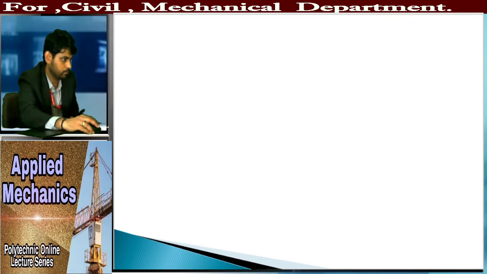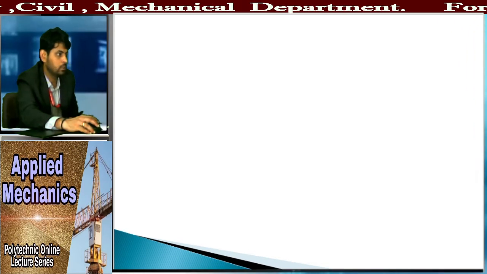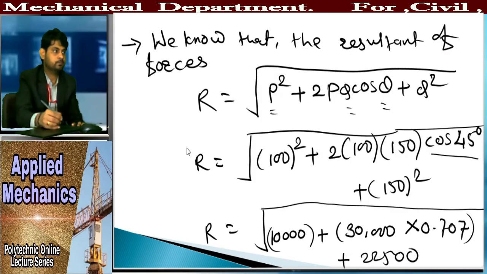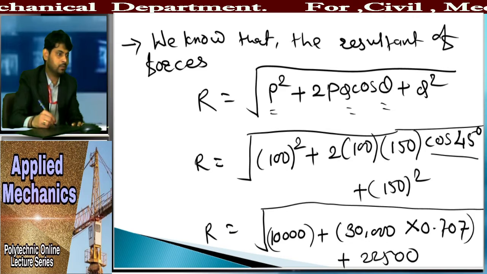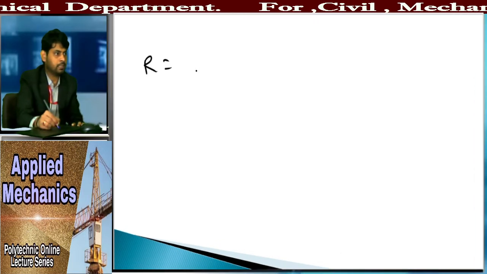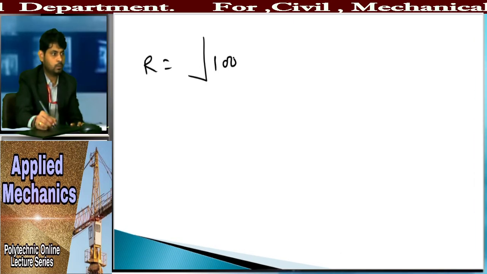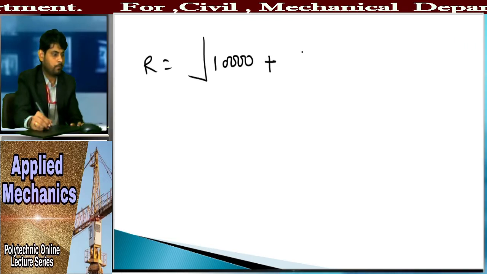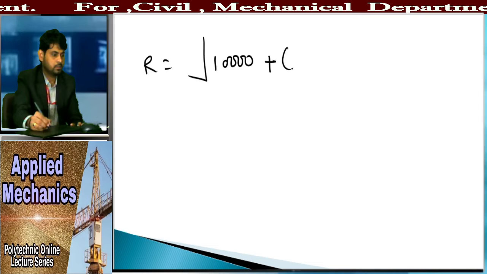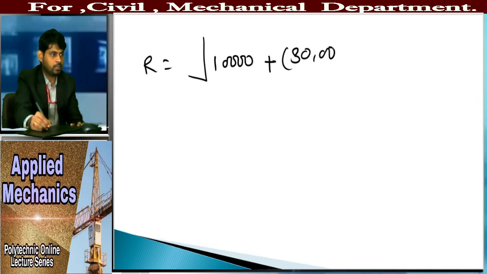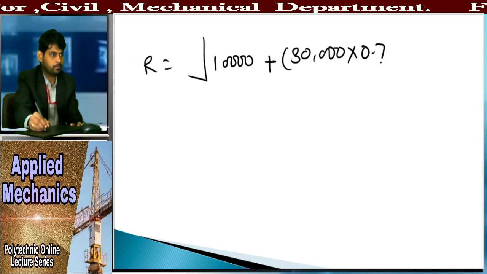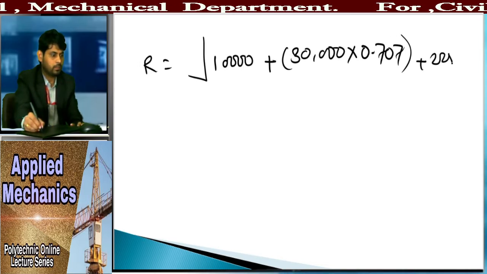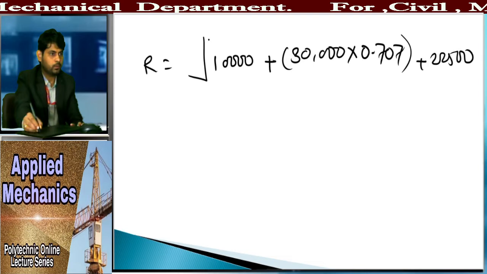So do the calculation on your calculator, then you will get all these values. So let's see the value. Then R is equal to 10,000 plus 30,000 multiplied by 0.707 plus 22500.